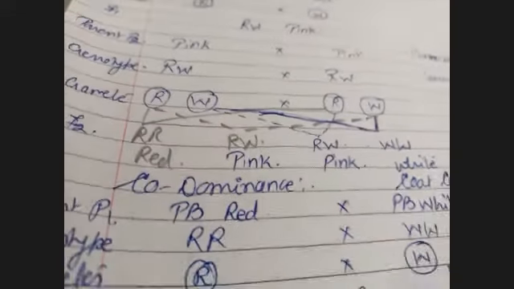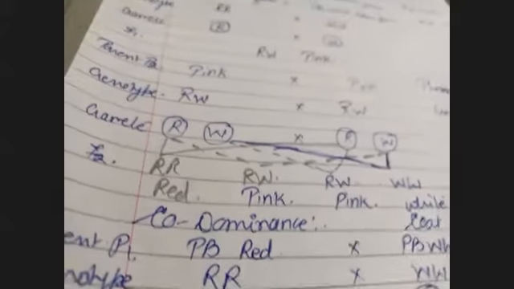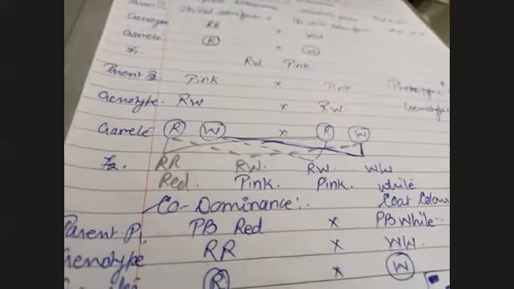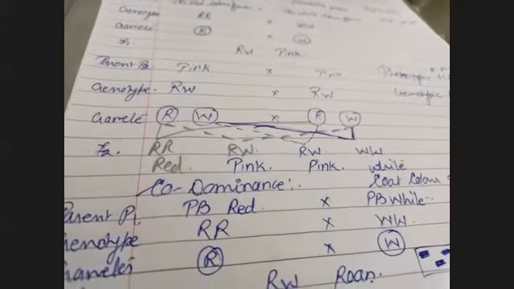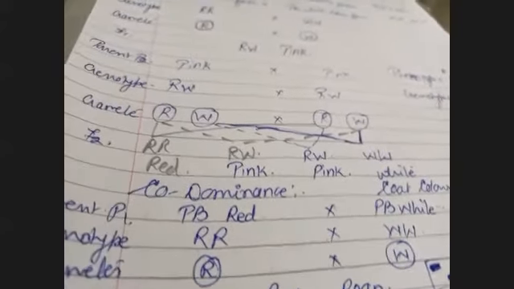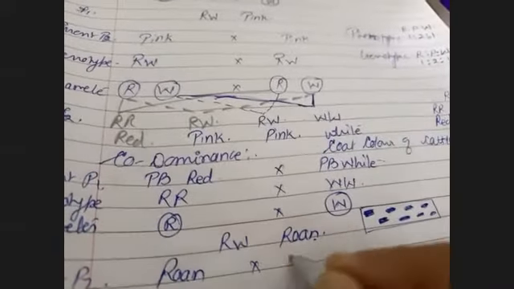Now this roan is undergoing selfing, you can say inbreeding. Agreed. So parent P2, genotype, gametes, and F2. Parent P2 is roan crossed with roan.